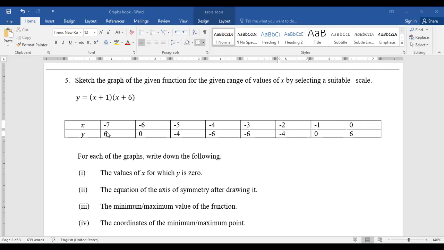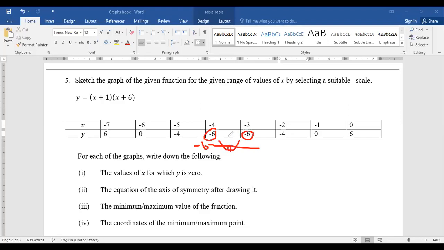So take the highest value, that is positive 6. In the negative direction, you need up to negative 6, right? So that means in the graph paper, you need up to negative 6, right? So here you can see there is no turning point. So to turn this graph, if this value is negative 6 here, that means to turn this graph you need another space in the graph paper.